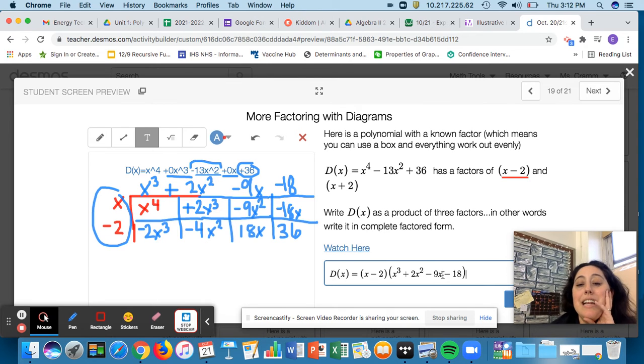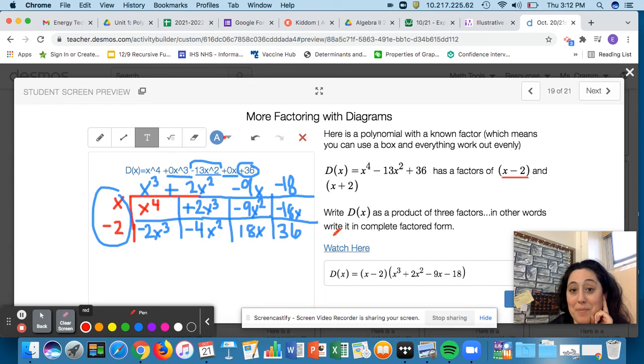Okay, great. Now, they actually gave me not one factor, they gave me two factors. So I know x plus 2 is also going to be a factor for me. I can use that to factor this part even more completely.